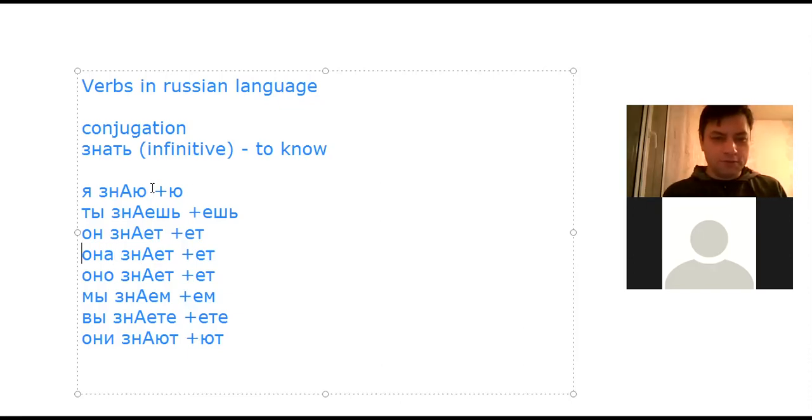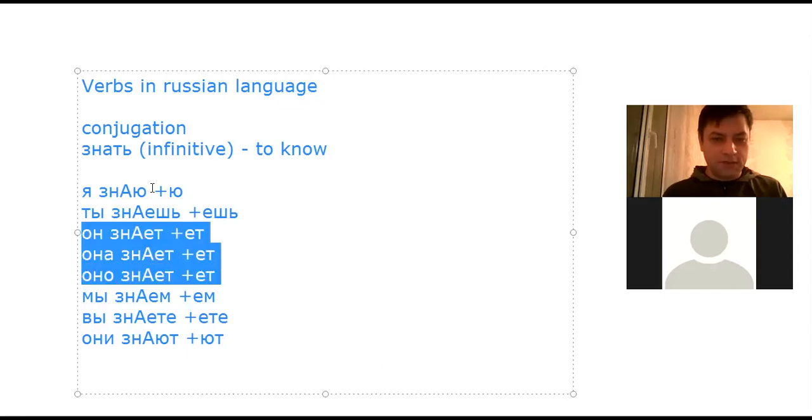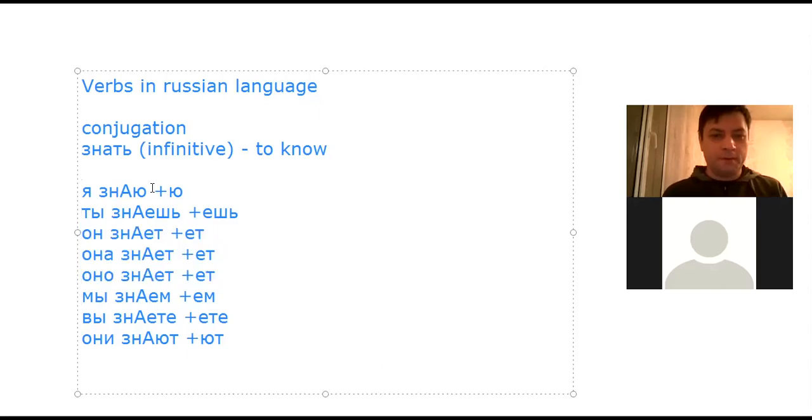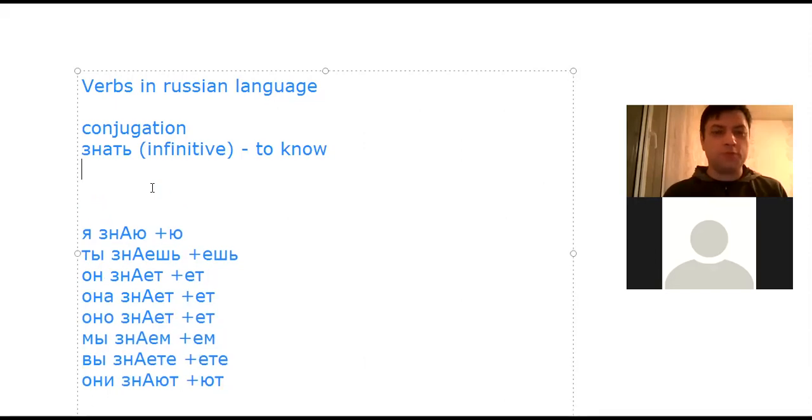Please note that for these three pronouns, the ending would be the same. By the way, when we talk about pronouns, we classify them in this way.